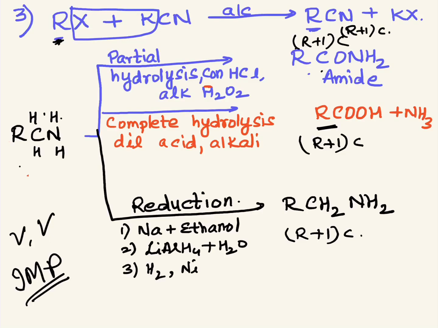But these compounds, RCN, alkyl cyanides, being very, very reactive, they can undergo partial hydrolysis, complete hydrolysis, or reduction to give you a variety of products. You can get amides, you can get carboxylic acids, and you can get amines.